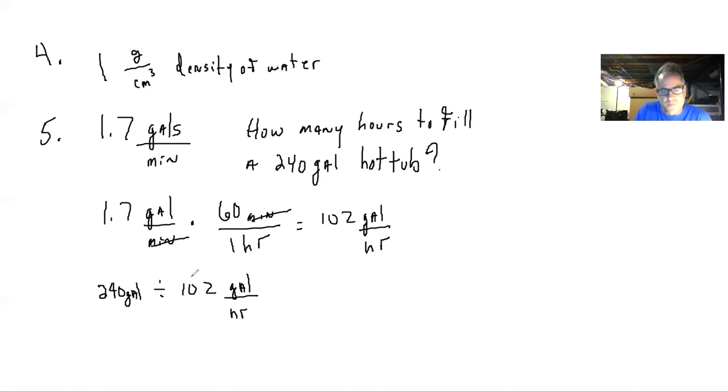Now, remember, if I'm dividing, flip and multiply. So that's going to be 240 gallons times 1 over 102 hours per gallon.